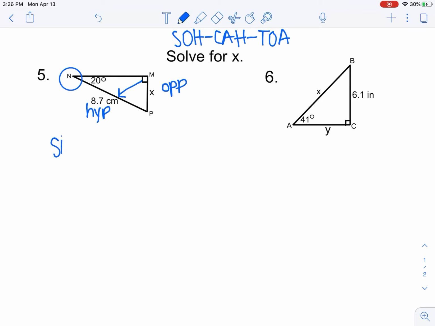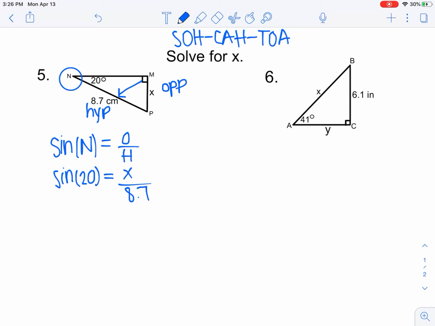So we can say that the sine of angle N equals the opposite side divided by the hypotenuse. Now we can plug in everything that we know. So we know that angle N is really 20 degrees. We know that our opposite side we are representing with x, and our hypotenuse is 8.7.